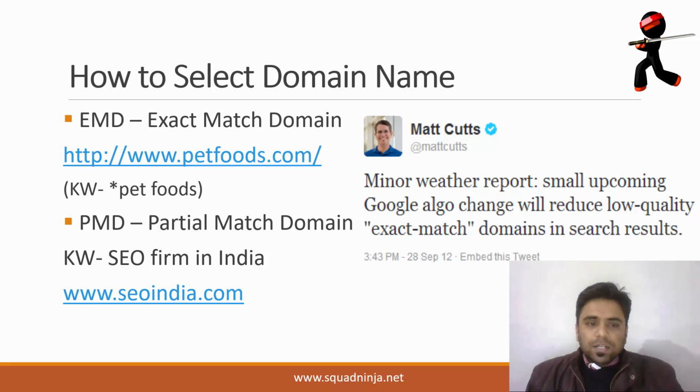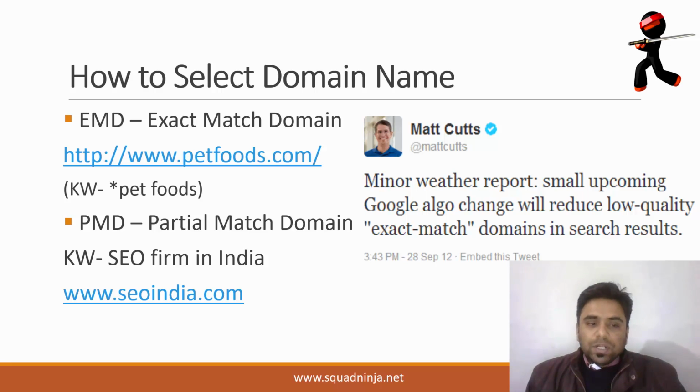Usually there are two types of domain names which are popular, like EMD, exact match domain, and PMD, partial match domain. See, if you are targeting a keyword like pet foods and you have your whole keyword in your domain name, that will be your exact match domain.